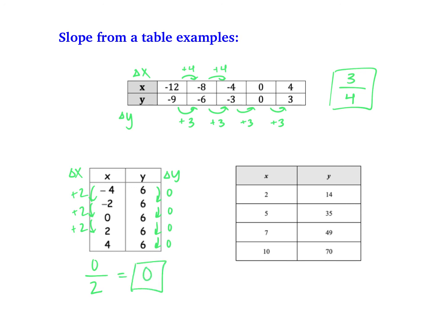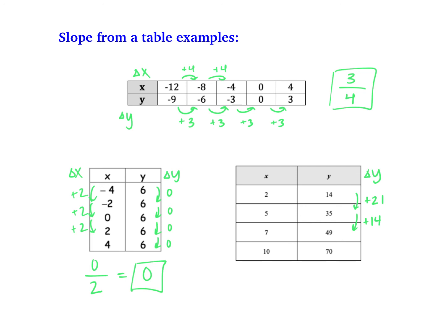And then one more here, my change in y, those are big numbers. So if you're ever not sure and can't see it right away, you can always work backwards and subtract. So you might want to do something like 35 minus 14, and then I can see that's increasing by 21. Same thing from 49 to 35, that's increasing by 14.